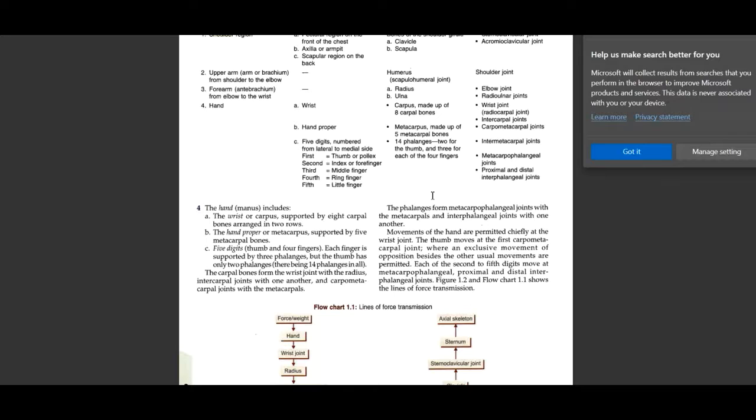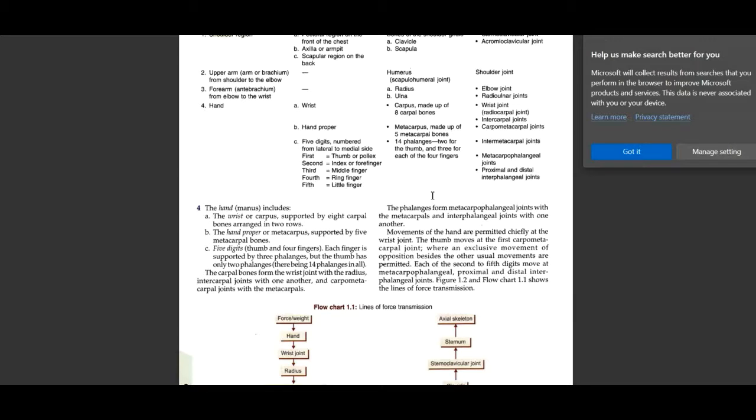Upper arm from shoulder to the elbow. The bone in this is the humerus, and the joint is the scapulohumeral joint, the shoulder joint. Forearm, antebrachium, from the elbow to the wrist. The bones are radius and ulna, and the joints are the elbow joint and radio-ulnar joint. For the hand, subdivisions are wrist and hand proper, with 5 digits numbered from lateral to medial side.